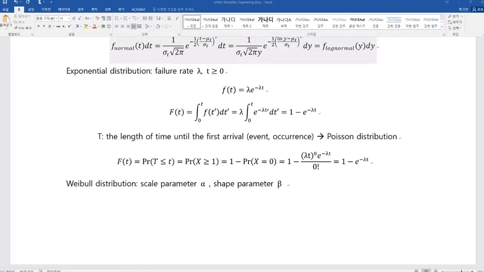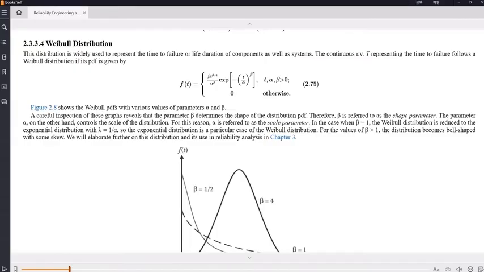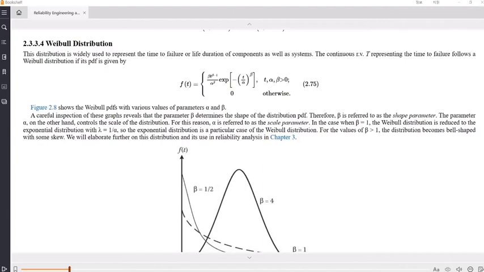Even though in our textbook the probability density function is given, it would be helpful for you to understand the Weibull distribution by seeing the CDF, the cumulative distribution function of this distribution.